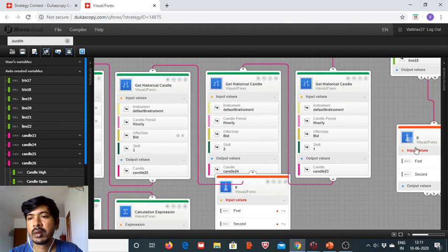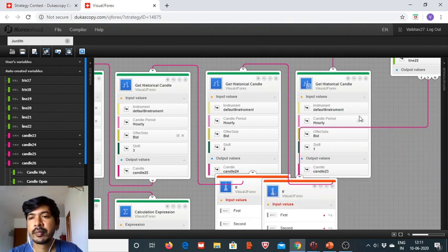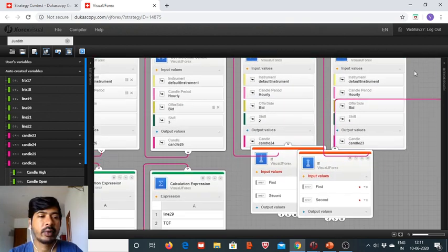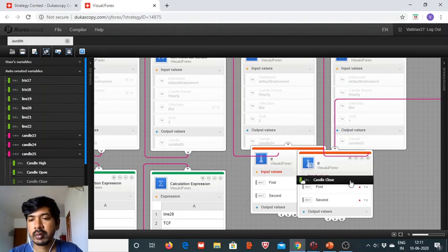And then we take candle 25 close, and here it comes.